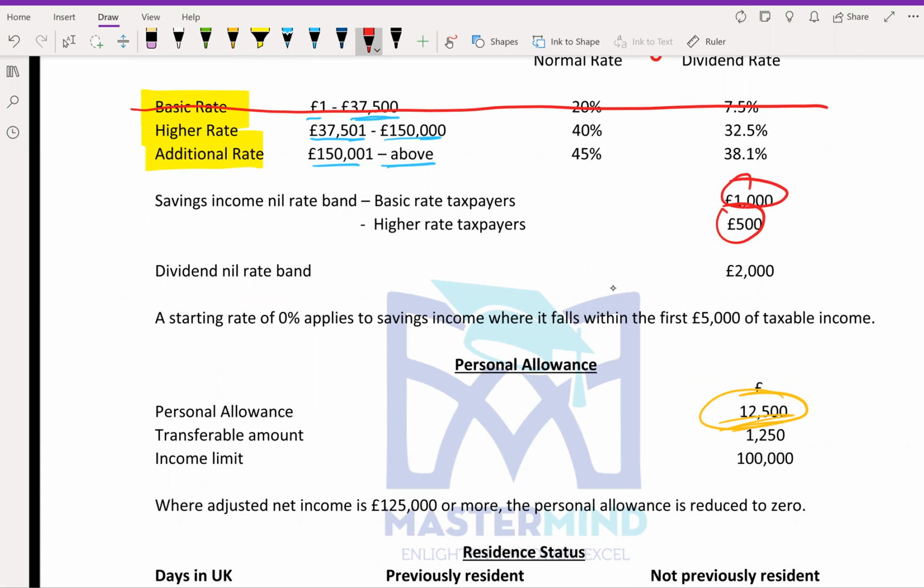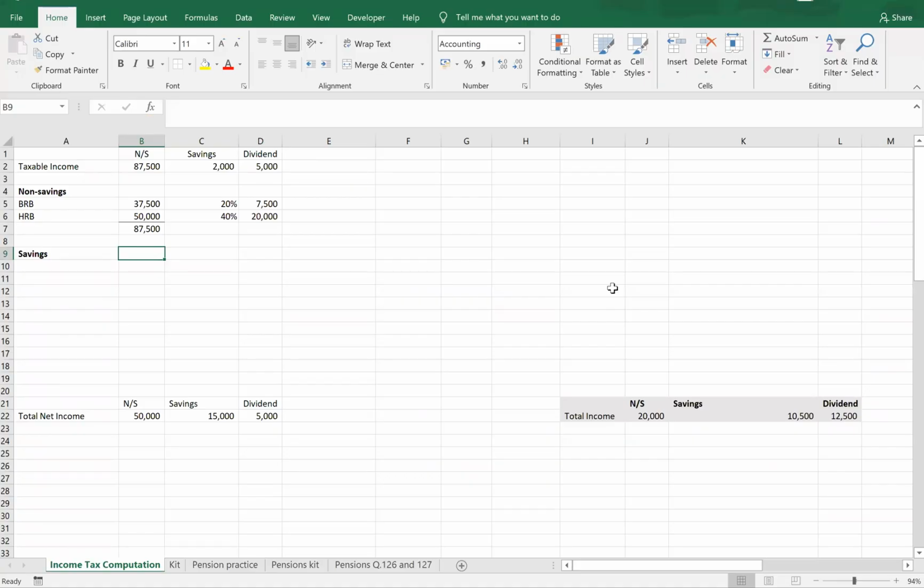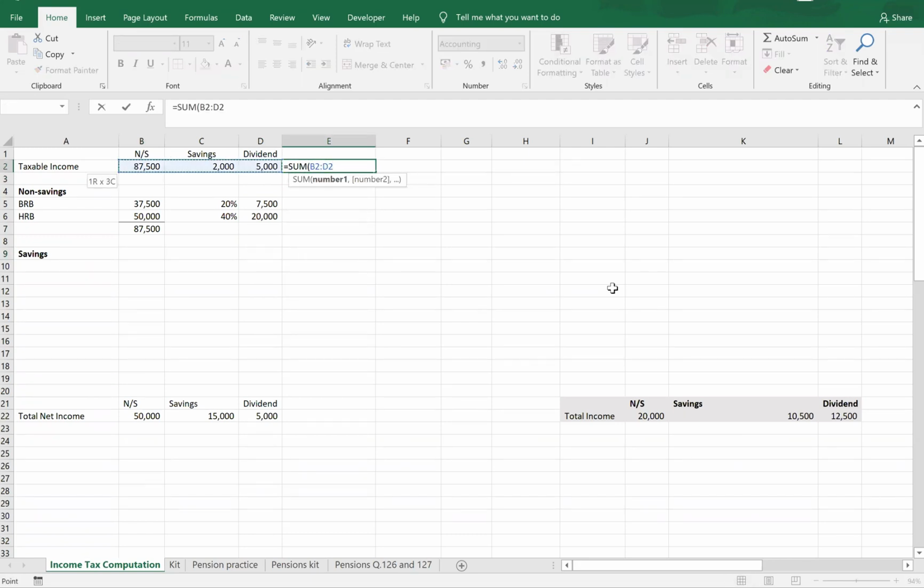Now, the point is, how do I identify what category of taxpayer I am? Very simple. Just add up the taxable income, not the total income, not the net total income, taxable income.